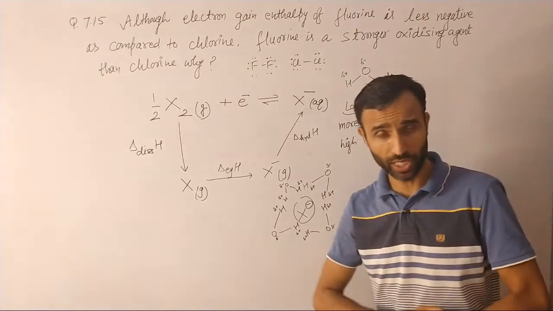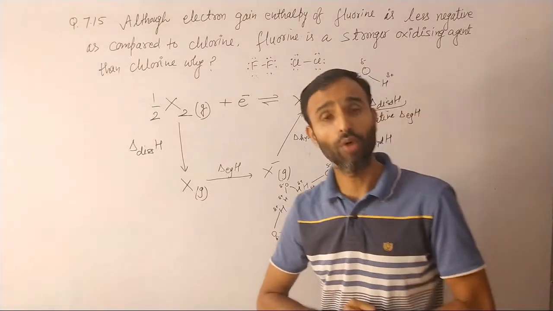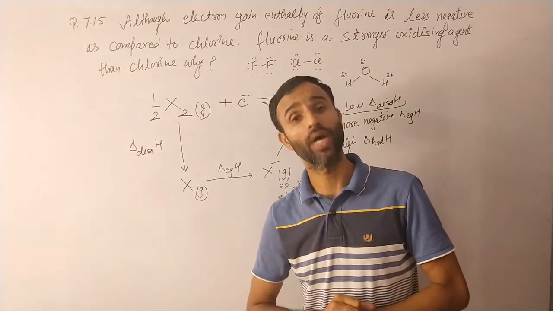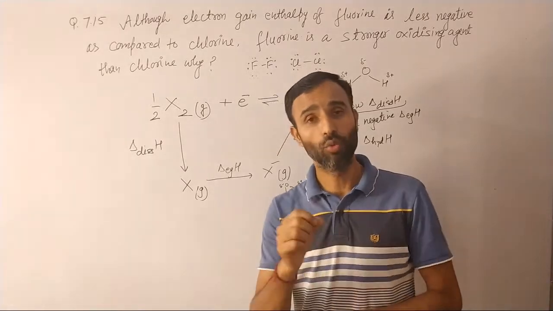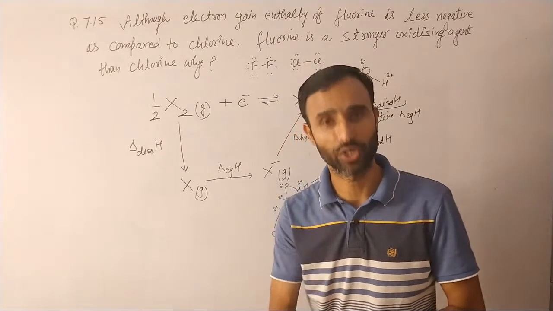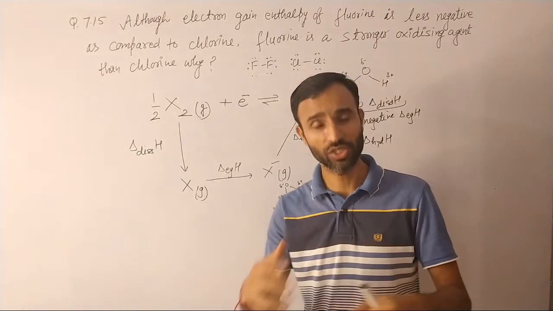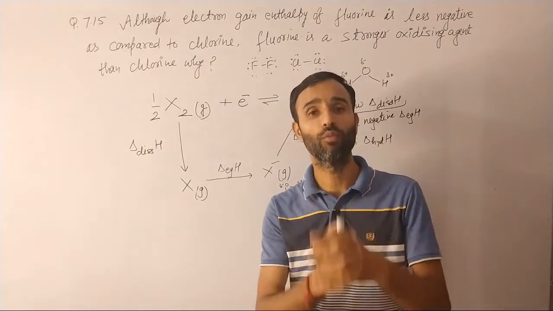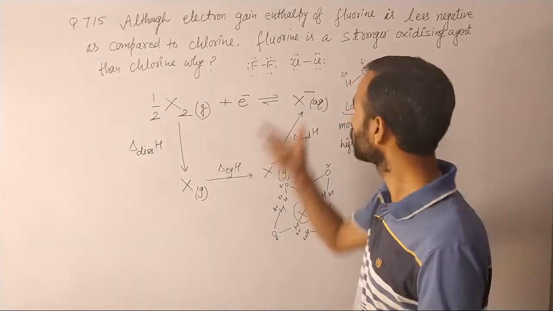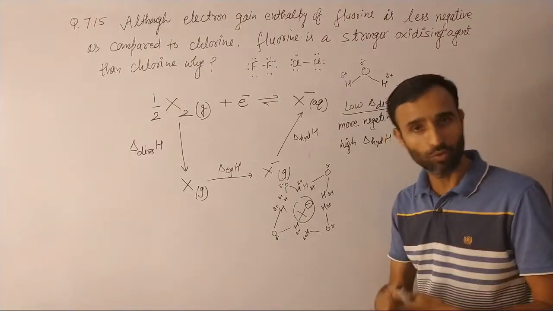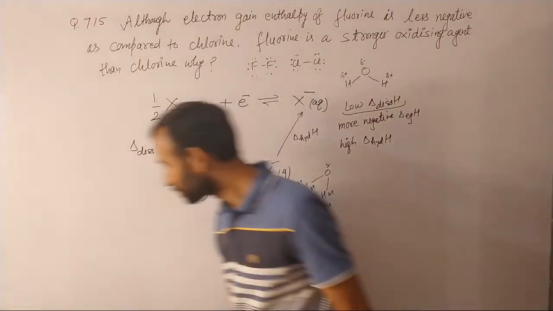What is bond dissociation enthalpy? The amount of energy required to break 1 mole of bonds. How much energy is required to break 1 mole of bonds? So which one has the low value?